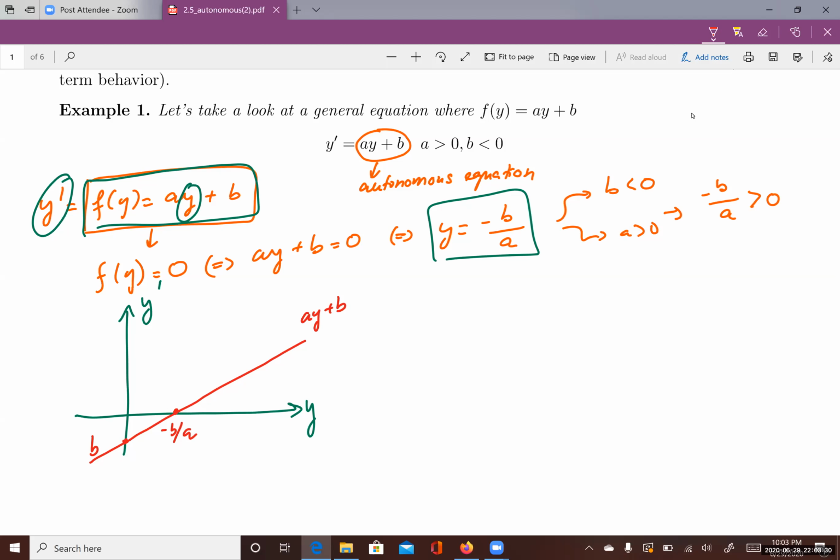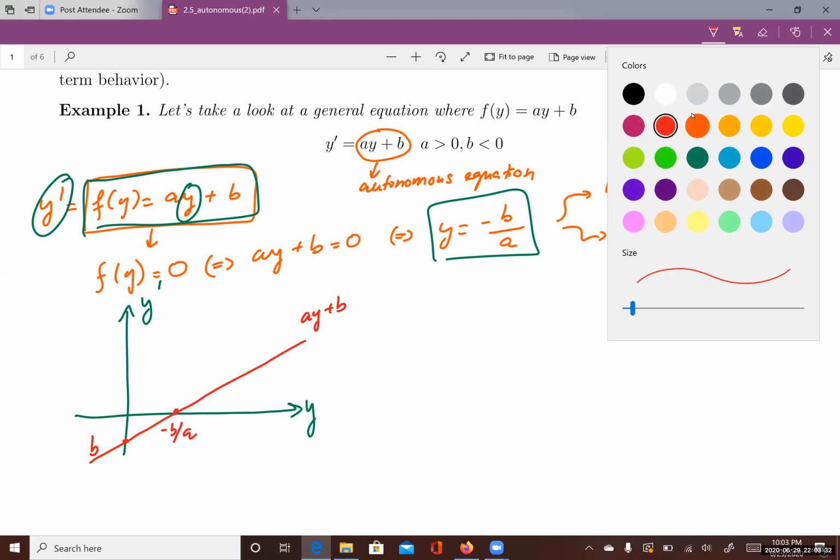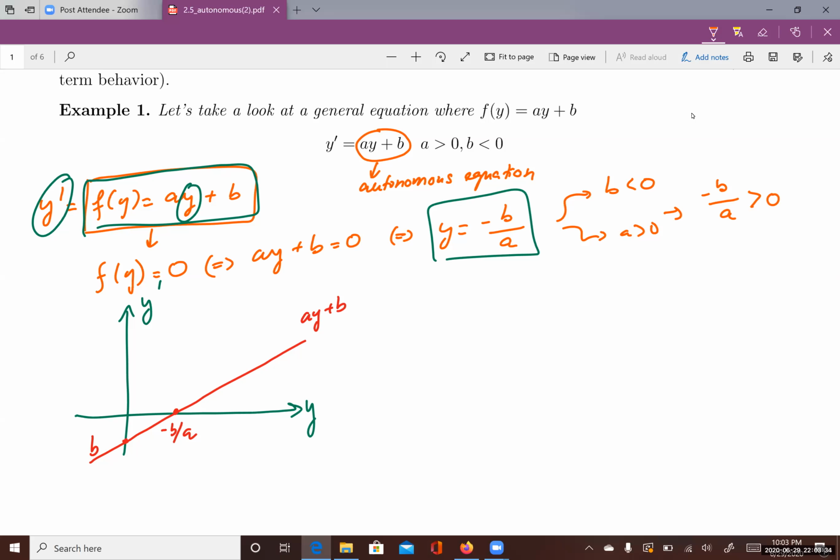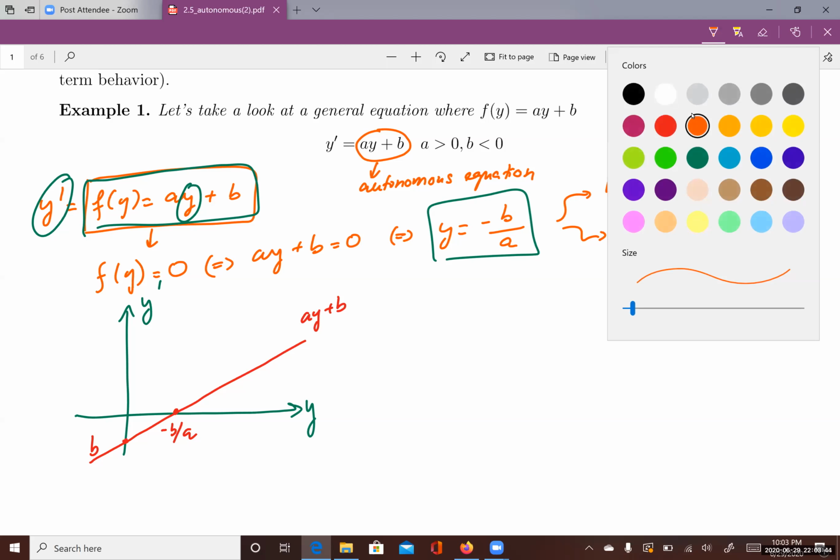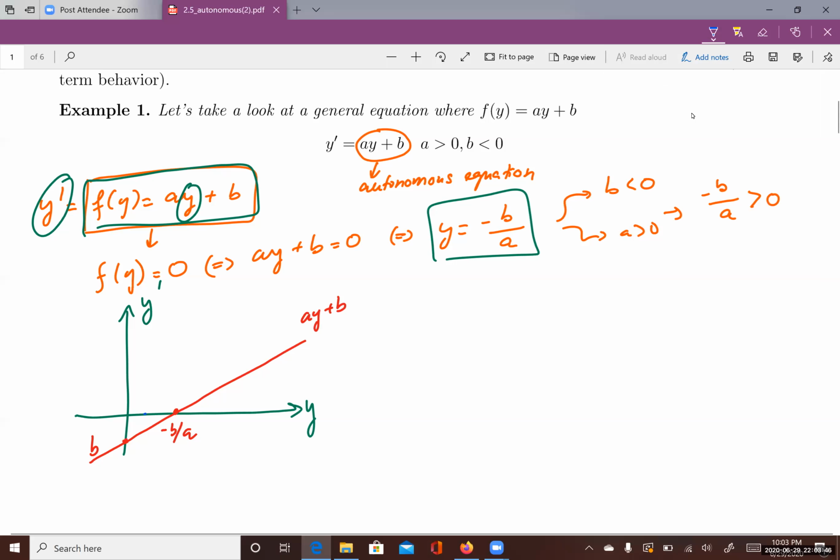If we look at this graph describing the relation between y and y prime using the line ay plus b, you notice that if I pick a point on the left side of negative b over a, then my y prime will be negative.